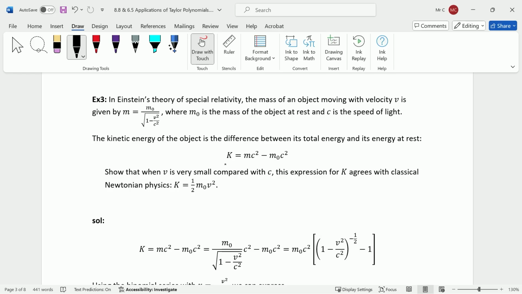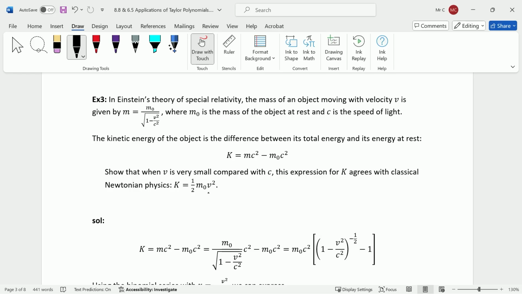We have that K, the kinetic energy, is mc squared, mass times the speed of light squared, minus the mass at rest times the speed of light squared. We want to show that when v is very small compared with c, this expression for K agrees with classical Newtonian physics, which says that the kinetic energy of the object is 1/2 the mass at rest times v squared, the velocity of the object.